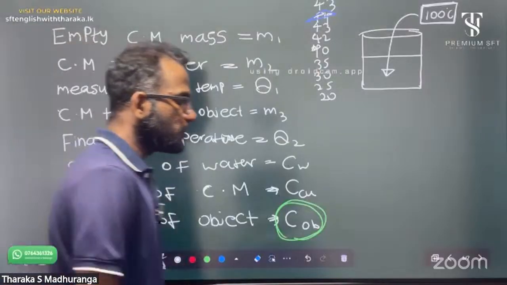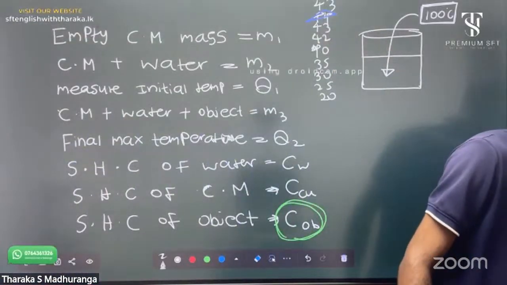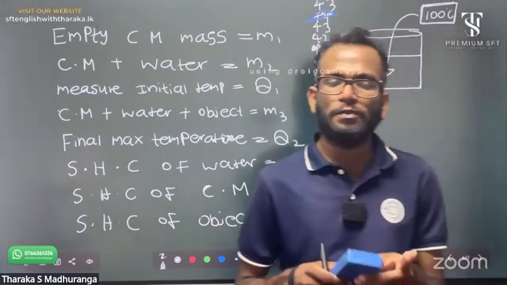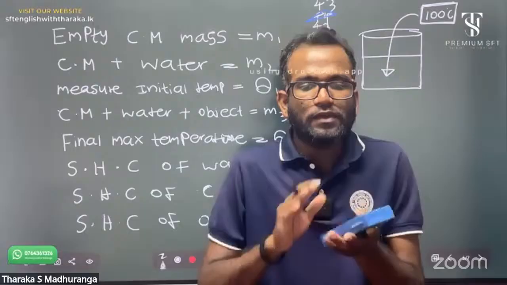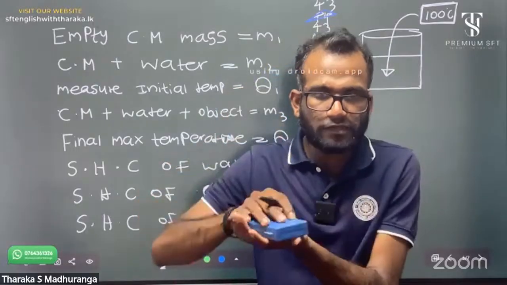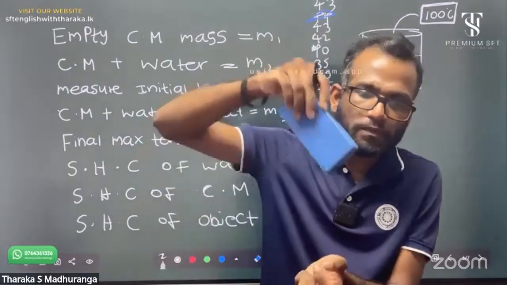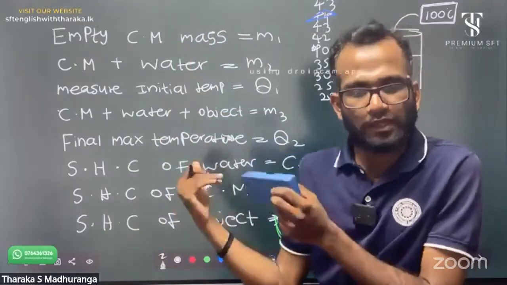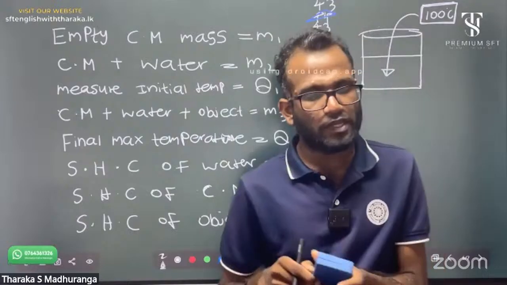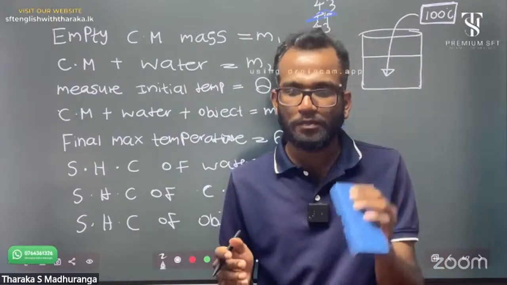Suppose we have an unknown substance whose specific heat capacity we don't know. Then we can heat it up to 100 Celsius, put it into the water bath and take these measurements. Using this method, we can get the specific heat capacity of this unknown substance.